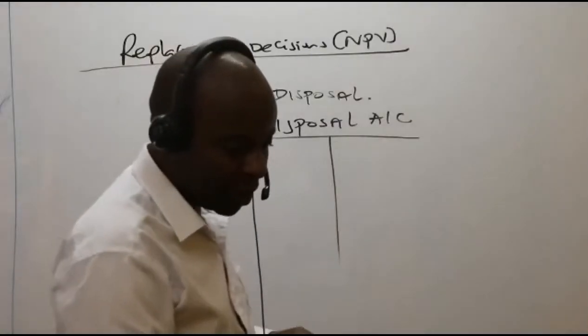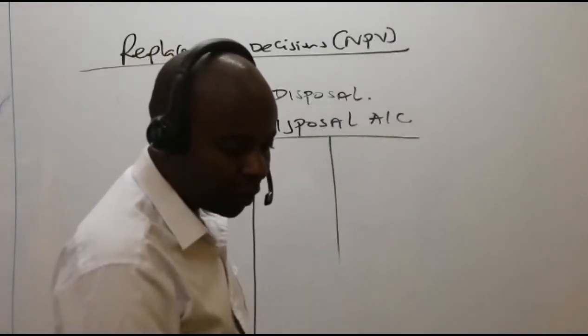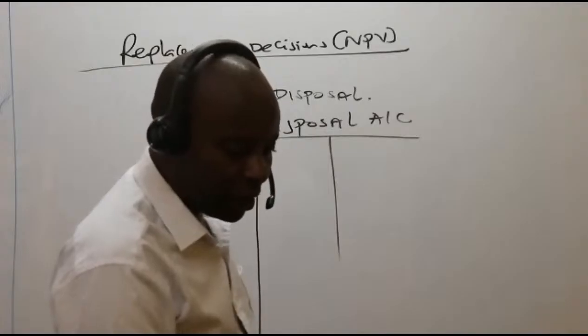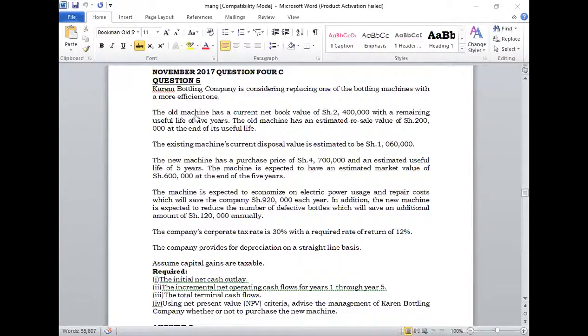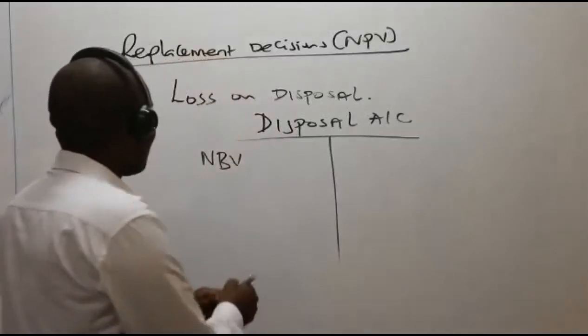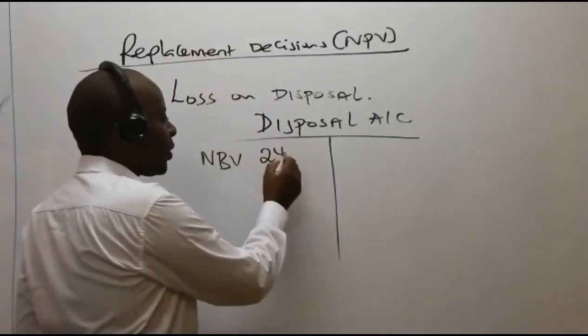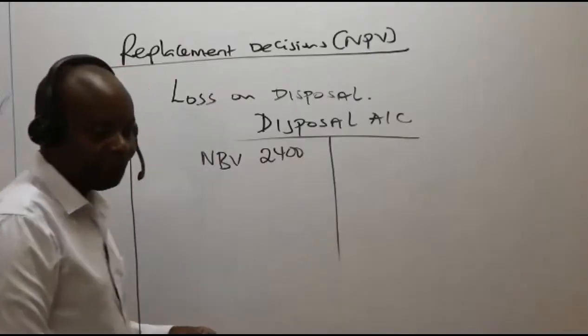Disposal of the old machine: they have told us the old machine has a current net book value of 2.4 million. So this is what I bring first here. I would want to put my figures in thousands, so 2,400 like that.